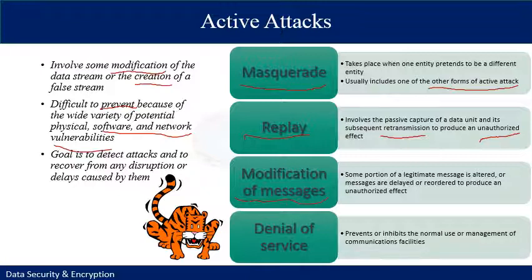Another kind of attack is modification of messages. Some portion of a legitimate message is altered, or messages are delayed or reordered, to produce an unauthorized effect. Similarly to the replay, you capture the information and change some of it to produce unauthorized access.